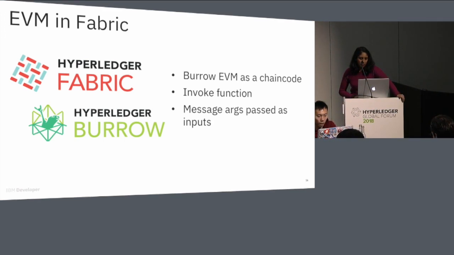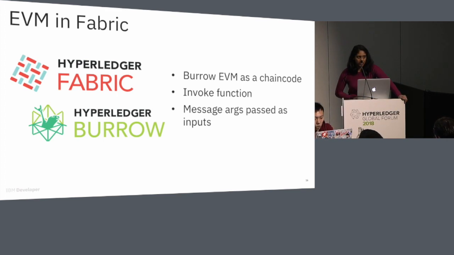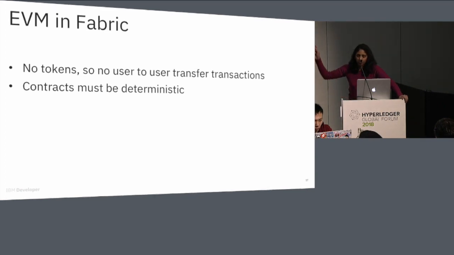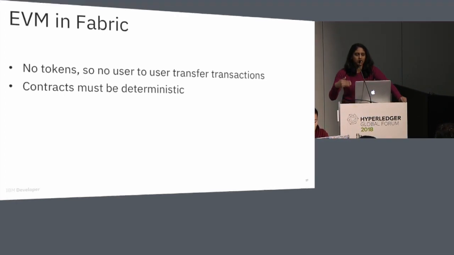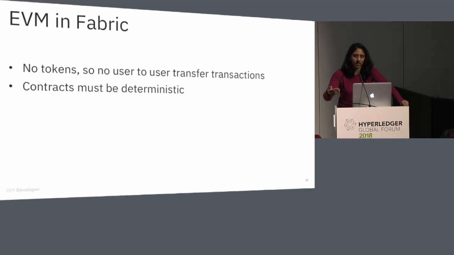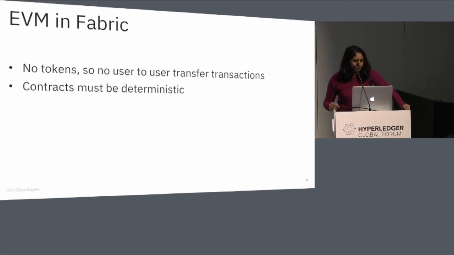A couple of caveats that are different from how contracts work in Ethereum. As Jay already mentioned, we do not have tokens. We're not introducing that as part of this work. What that means is you can't do user-to-user transactions. You can't run a transaction that doesn't involve a contract, either contract creation or contract invocation.